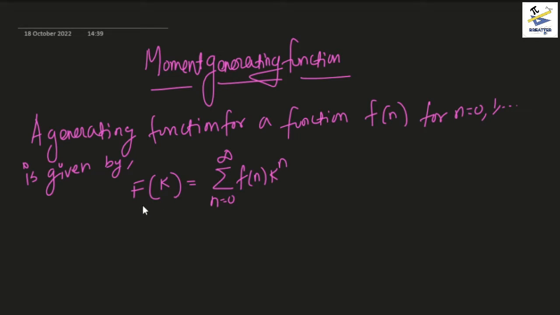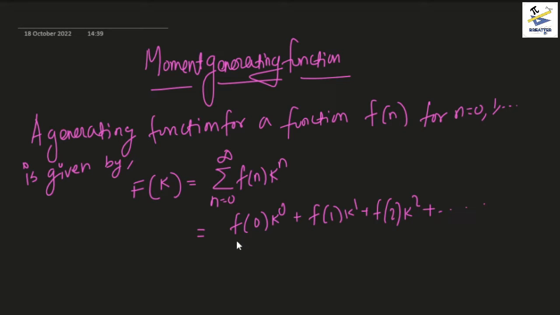Here capital F can be called a generating function for f of n. This is because if you expand the series, you will see that the first term is f of 0 times k to the power 0. The second term is f of 1 times k to the power 1. The third term is, and so on.